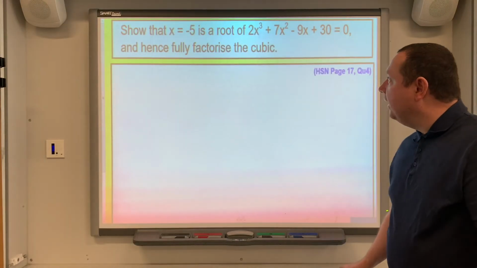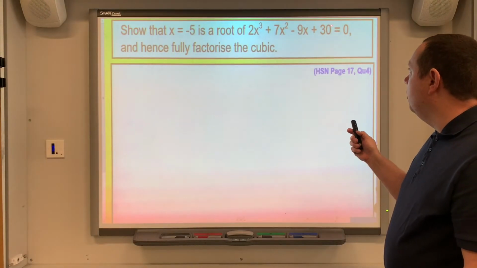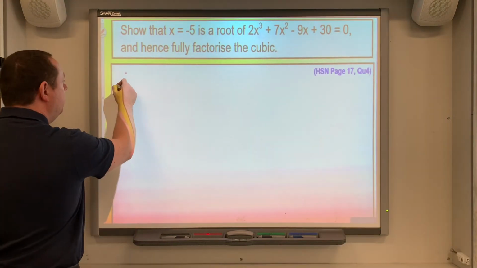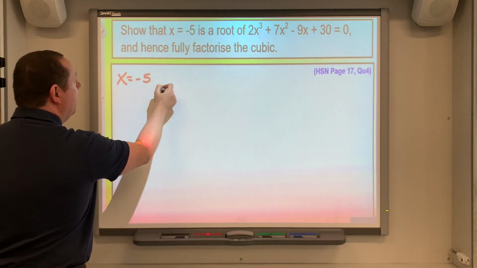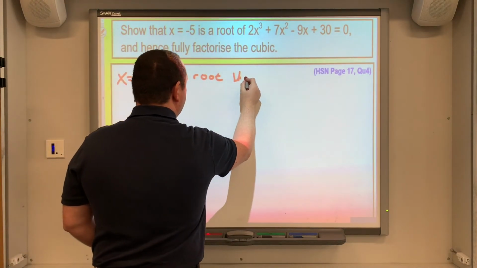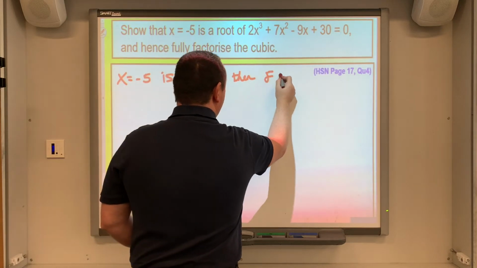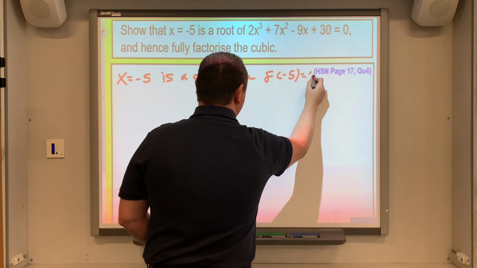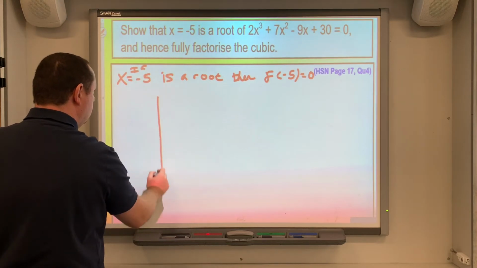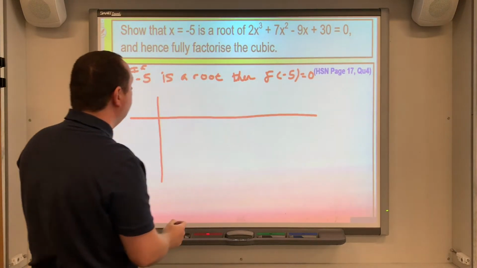Show that x equals minus 5 is a root of this polynomial, and then hence factorise the cubic. Minus 5.